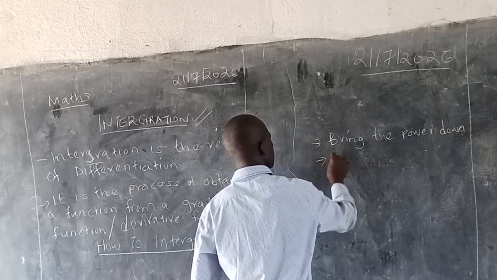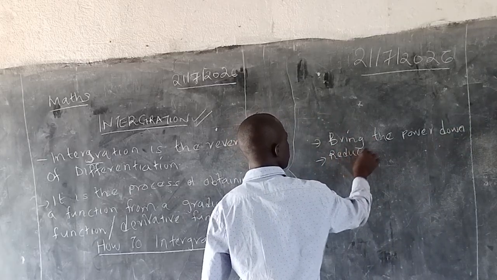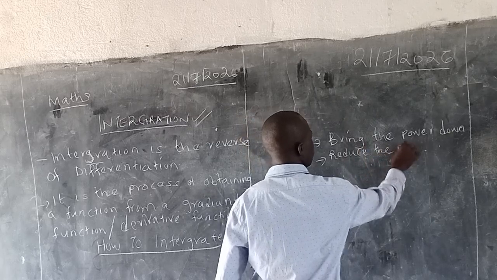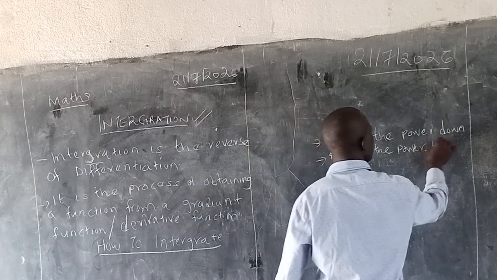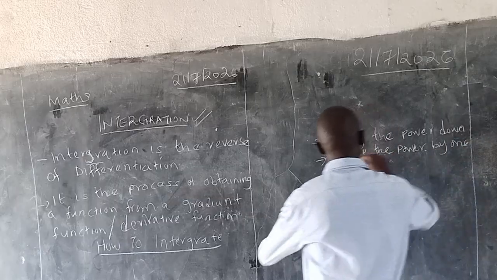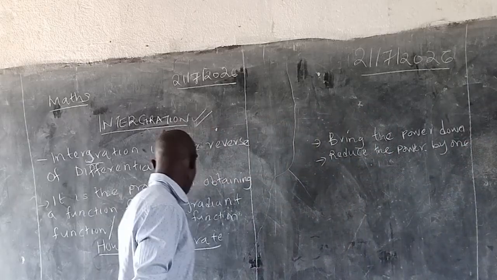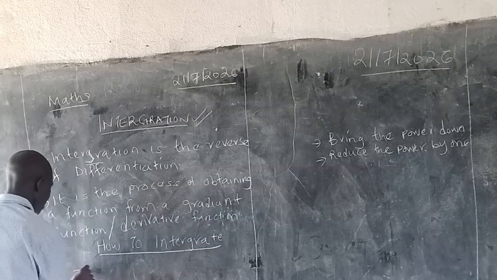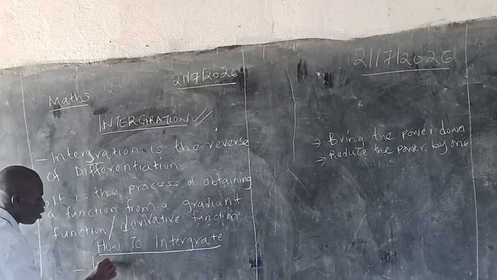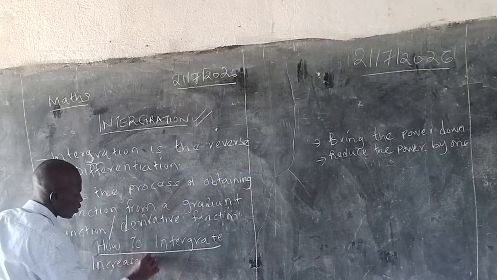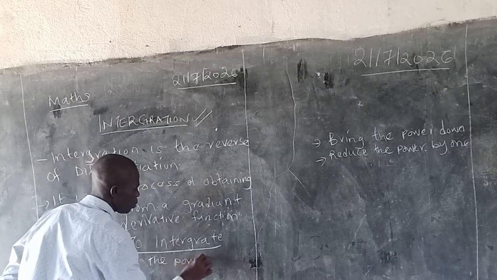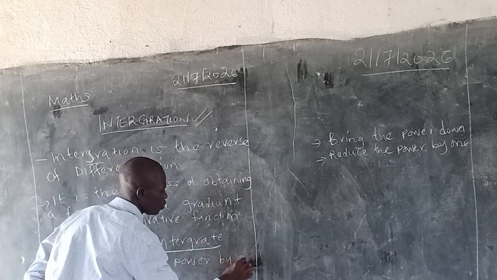Then we reduce the power by 1. That's how to differentiate. Now, what about integration? So about integration, we say the first thing is increase the power by 1.